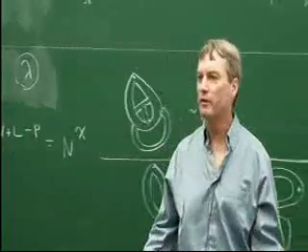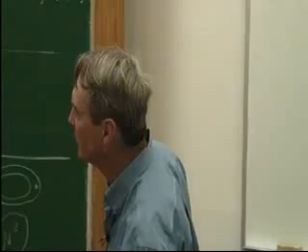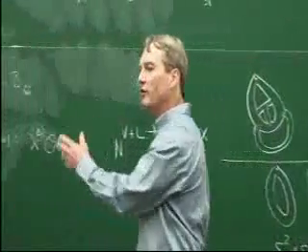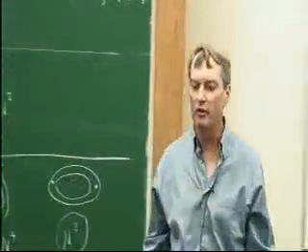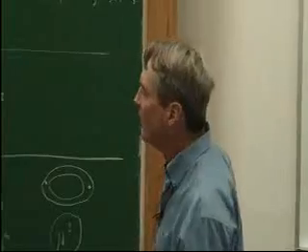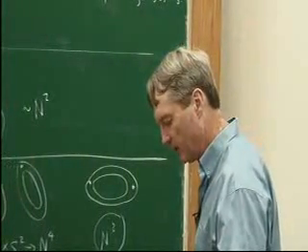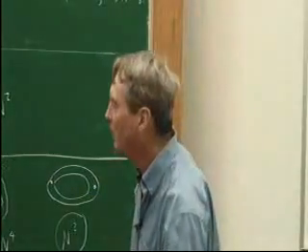It's not clear what you would build a dictionary out of. So I agree that this bothers me. It bothers me that this is all expressed in terms of fields in the bulk, and we don't know that fundamentally the bulk theory can be expressed as a field theory. It comes down to the fact that we don't know what the bulk theory is, except in limits like this one. So, yeah.